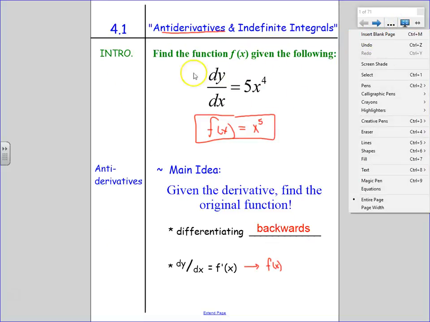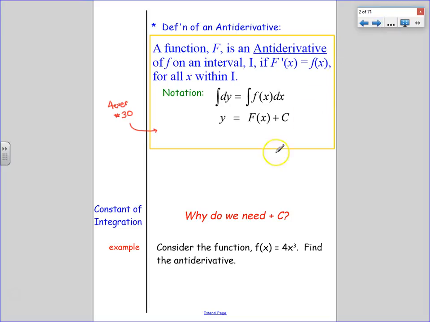When you were given dy dx is equal to 5x to the fourth, we could have rewritten this, and here's where the notation comes in. We could have taken this dx, which we saw last semester, we could multiply to the other side, when we were talking about differentials, and we could have dy is equal to 5x to the fourth. We're splitting up that dy dx notation.